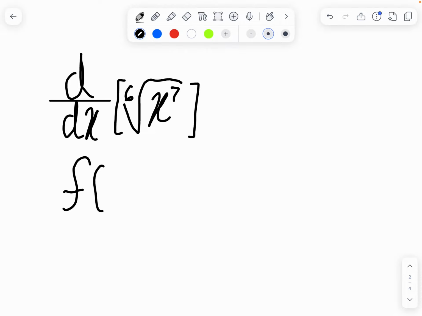So, on to this question. So, f of x equals x to the power of 7 over 6.